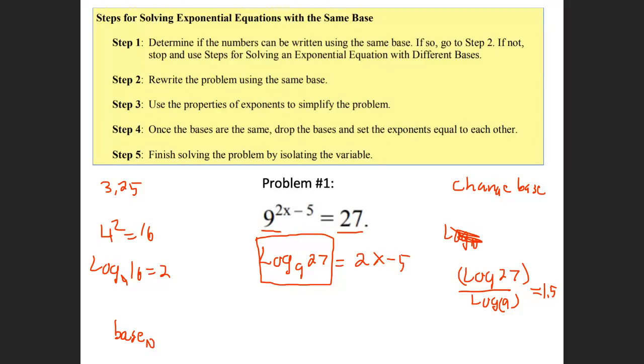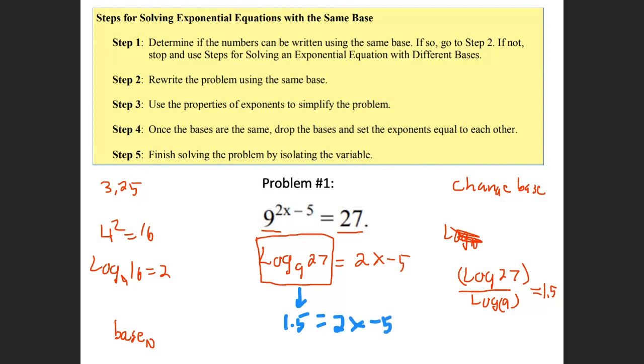This is week number 10, main lesson. All right, so I have to share that with you guys again. All right, so we just did this problem, right? Okay, so we know that to solve this problem, this becomes 1.5. We figured that out. We used a calculator. We came up with 1.5 is equal to 2x minus 5.